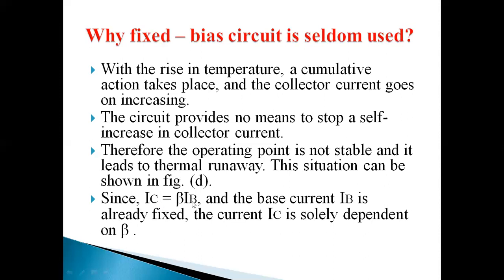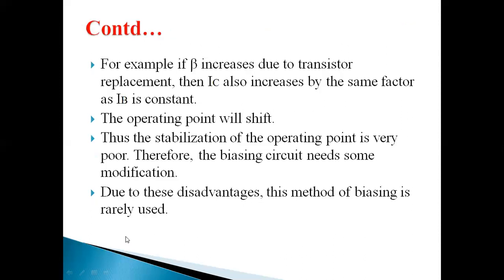Since IC equals beta times IB, and the base current IB is already fixed, the current IC is solely dependent upon the beta value. For example, if beta increases due to transistor replacement, then IC also increases by the same factor as IB is constant. In this fixed bias, IB is constant.